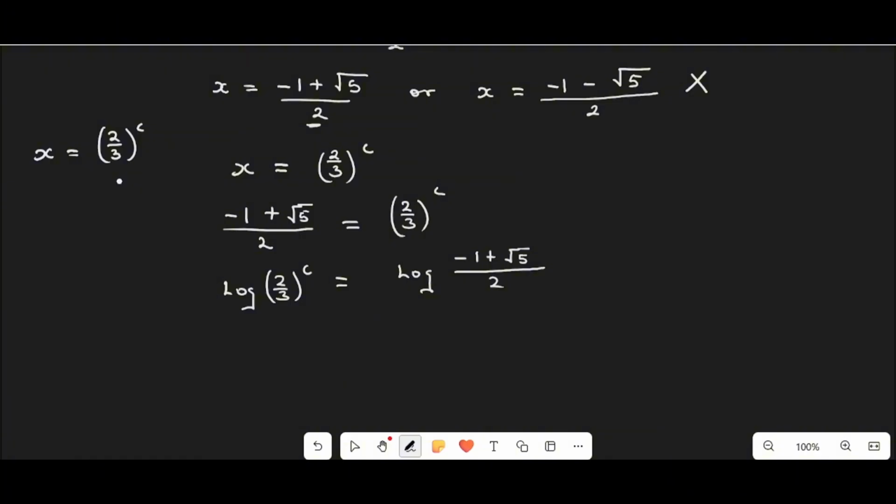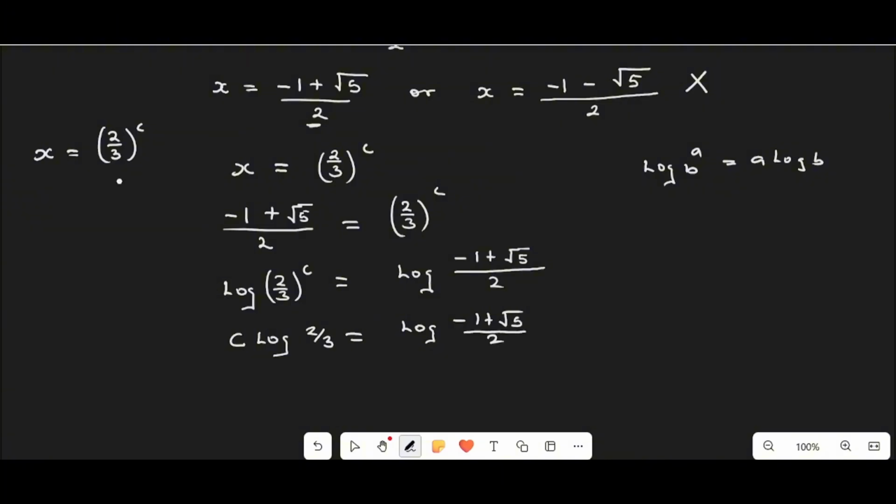So in logarithm, we know that if we have log b raised to power a, it can be written as a log b. So let us apply the same principle here. So this one can be written as follows: c log 2 over 3 equal to log of -1 plus root 5 over 2.